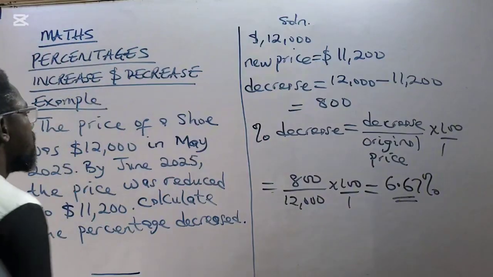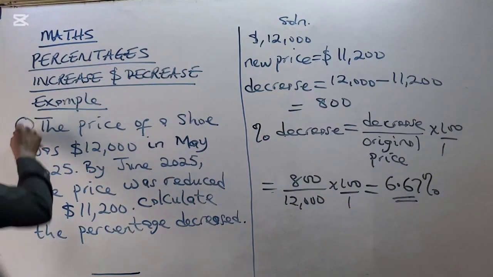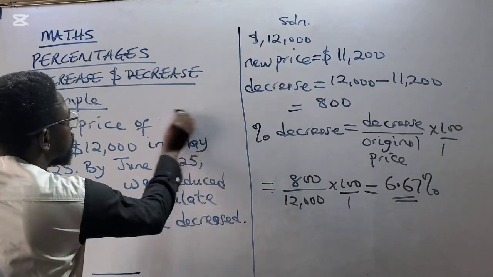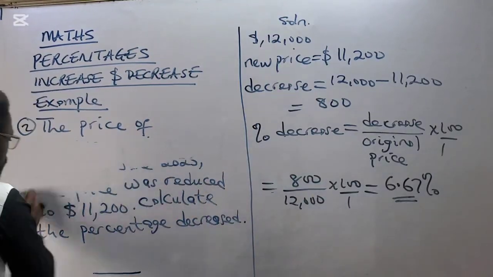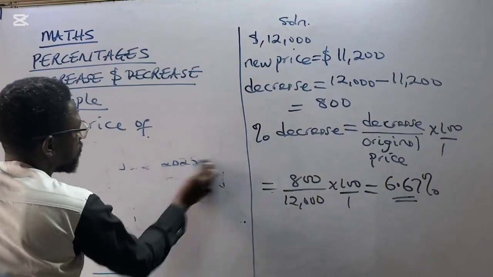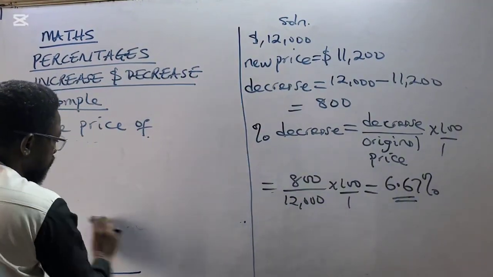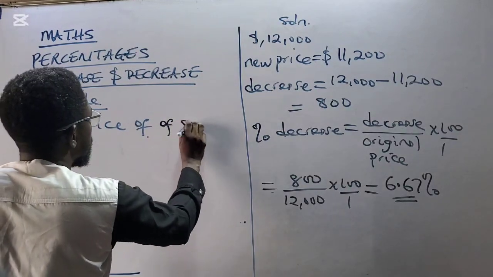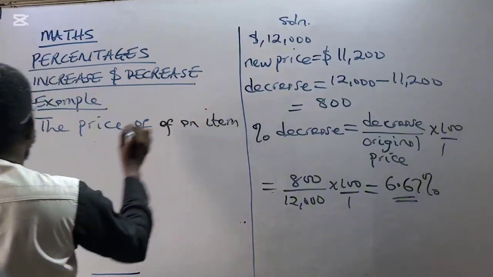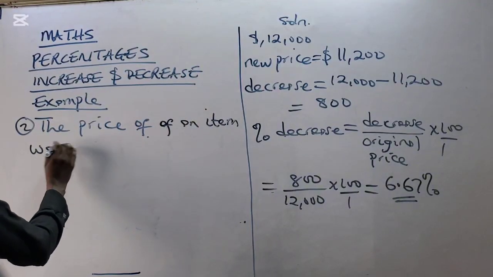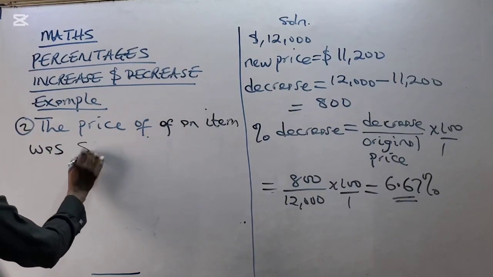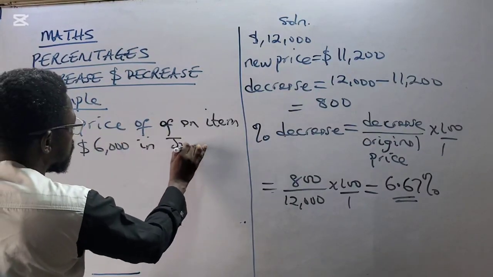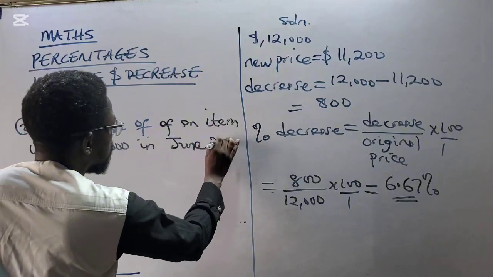Let's take a look at another example. The price of an item was $6,000 in June 2020.